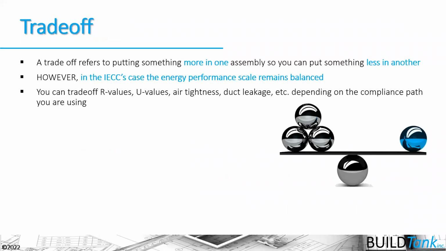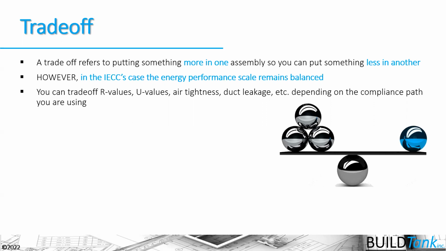A trade-off refers ultimately to putting something more in one assembly so you can put something less in another assembly. This is a means of providing flexibility in the code for builders to stick with assemblies they were used to, or more innovative ones, that maybe don't actually meet the R-value or U-value requirement for that particular assembly.